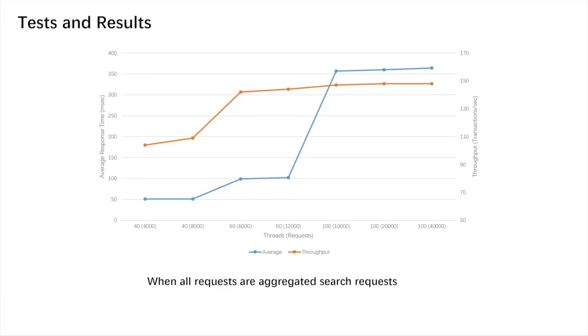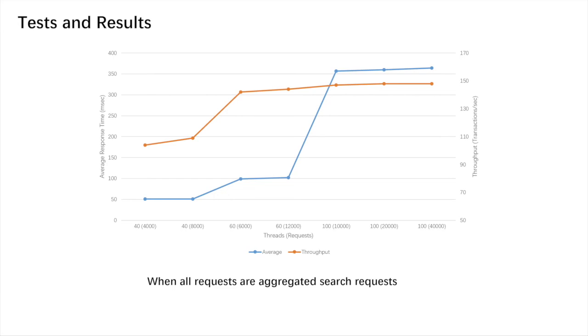When the system node is 40 threads to access 4,000 and 8,000 times, the average response time is 51 milliseconds. When the system node is increased to 60 threads to access 6,000 and 12,000 times, the average response time is 99 milliseconds and 102 milliseconds.